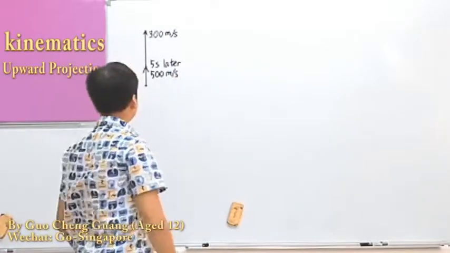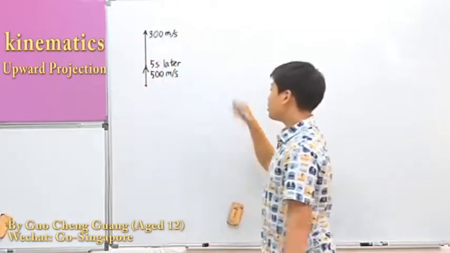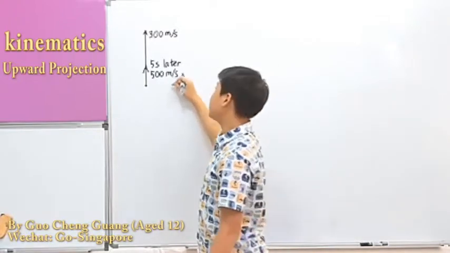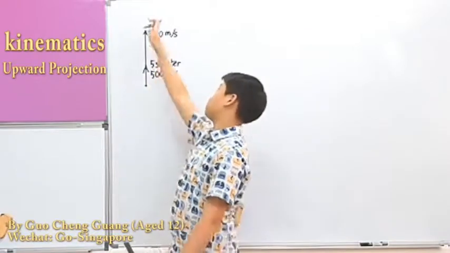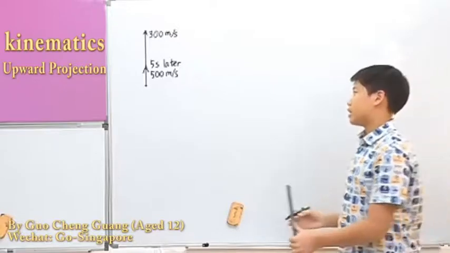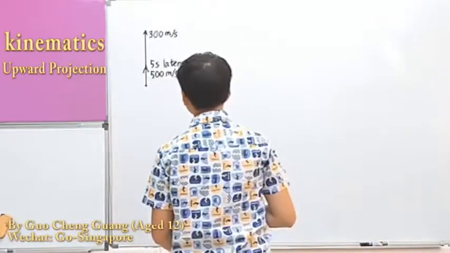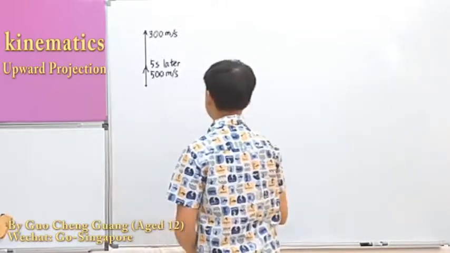So that's what we have here. Then we are going to find the time it takes for this second bullet to catch up or collide with the first bullet, so at the same displacement. This is 5 seconds later.